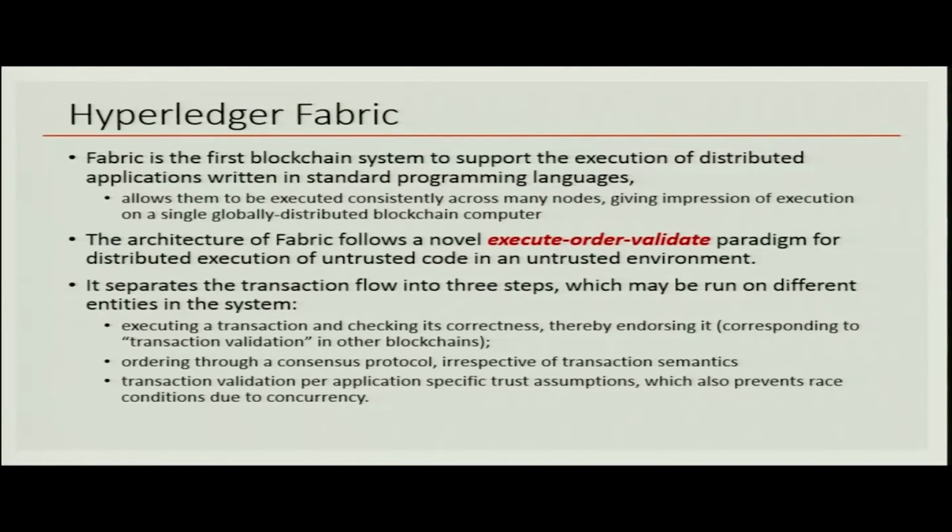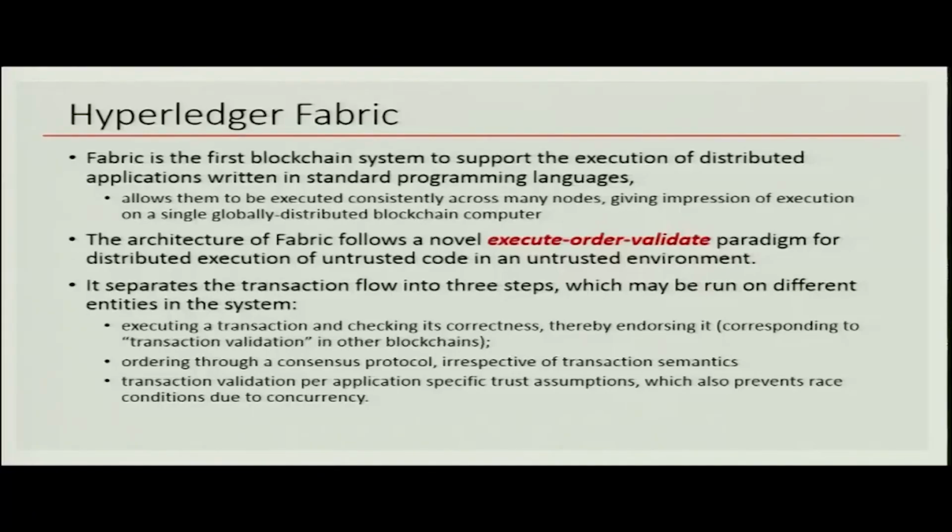The ordering nodes run a consensus algorithm and decide on an order, and once they have ordered the transactions, they bunch them together from various clients. Multiple transactions will come. If these transactions are working on the same data, then the ordering is more important.